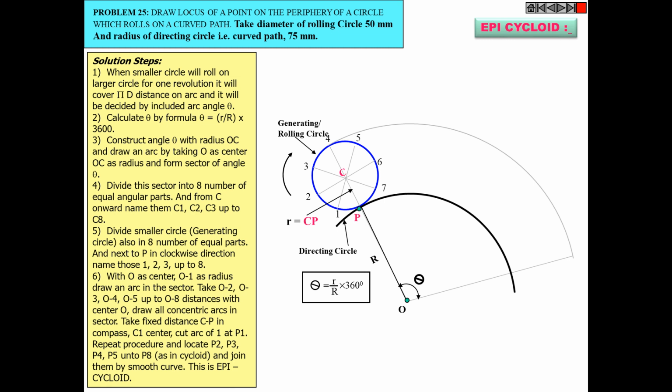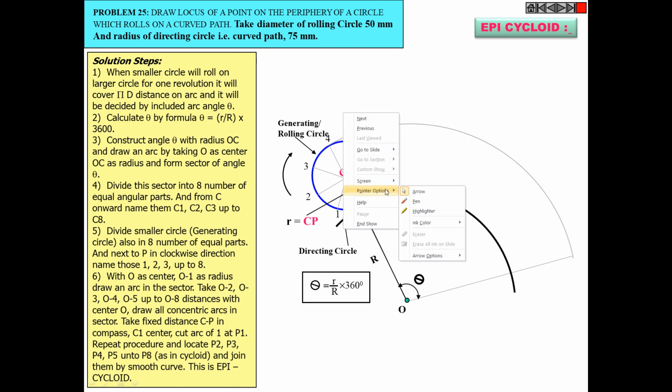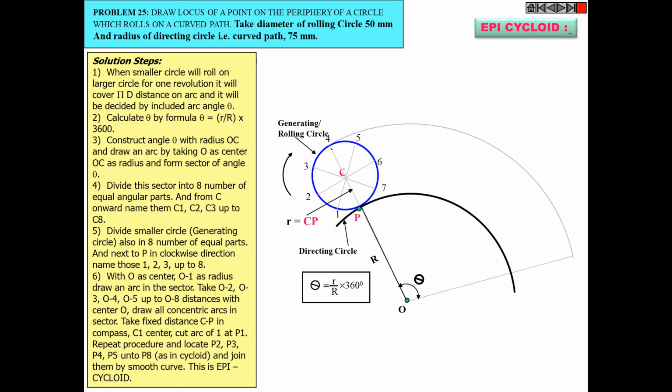In order to mark those center points, what you need to do is divide this sector. Which sector? This particular sector, again into equal parts. How many parts will I divide?